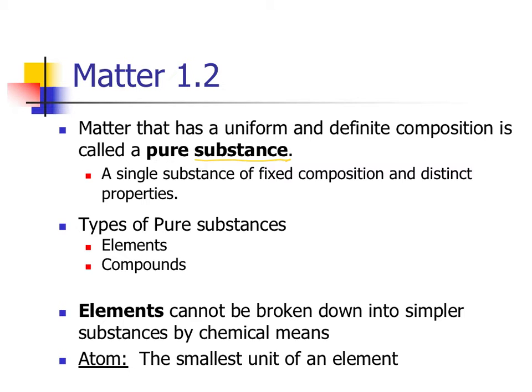Some of the last elements to be discovered are the ones that are gases. Why? You can't see them, right? Yeah, you can't see them. You're like, how do I know they're there? You have to condense them down using pressures and things such as that.